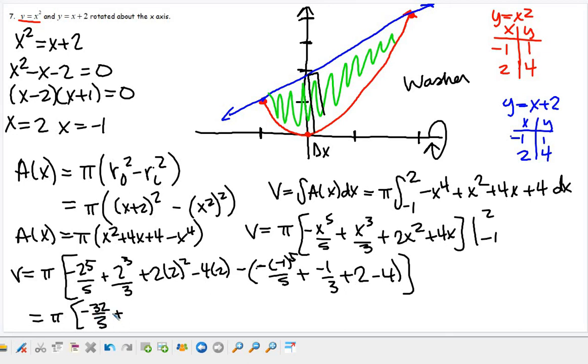Plus 8 over 3. 2 squared is 4 times 2 is 8 minus 8. So 3 negatives is going to give me a -1/5. Negative times a negative is a positive 1/3. Negative times a positive is a -2. A negative times a negative is a plus 4.